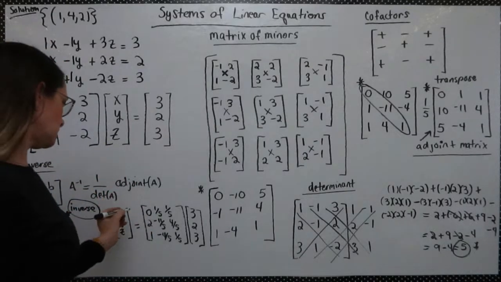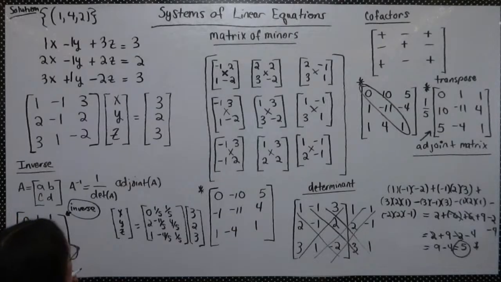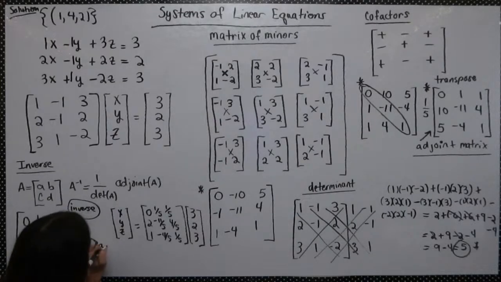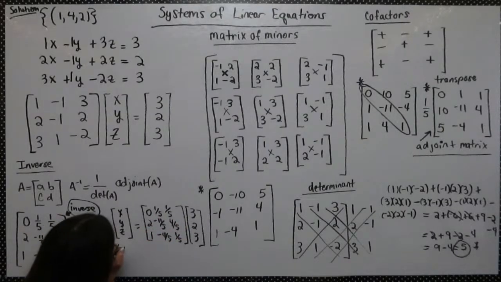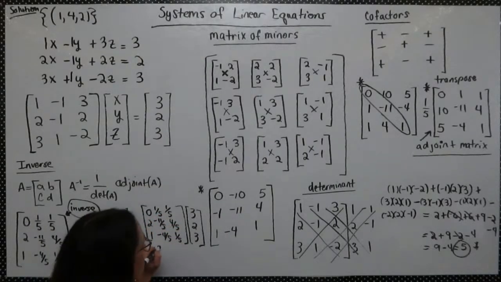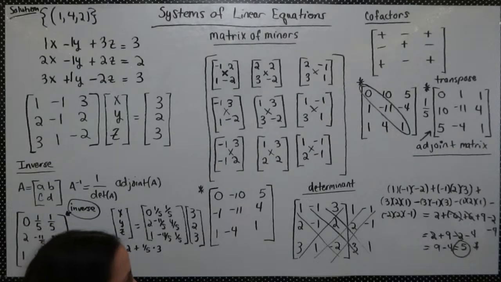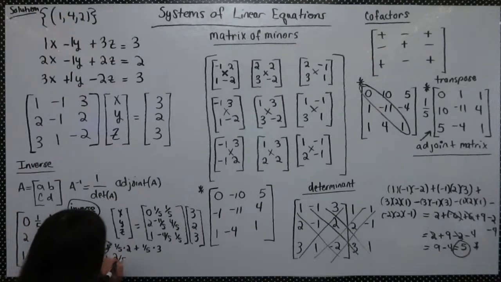So we're taking row 1 times the column, and it's going to be 0 times 3 plus 1/5 times 2 plus 1/5 times 3. 0 times 3 is 0, 1/5 times 2 is 2/5, and 1/5 times 3 is 3/5.